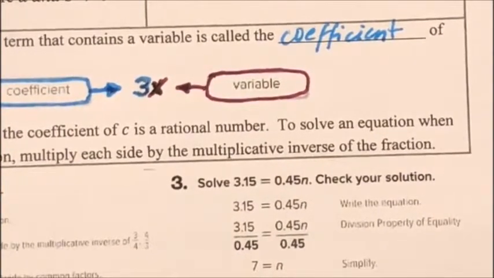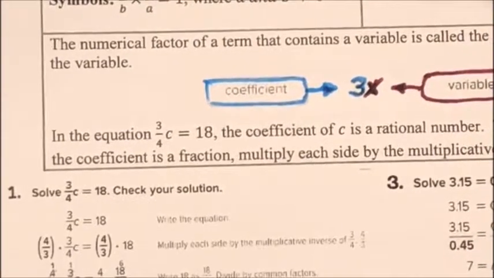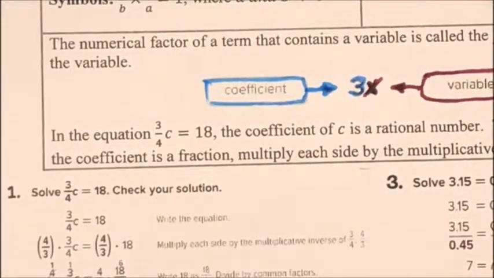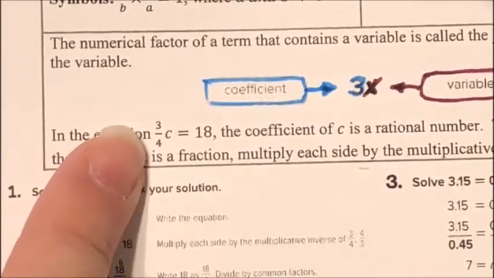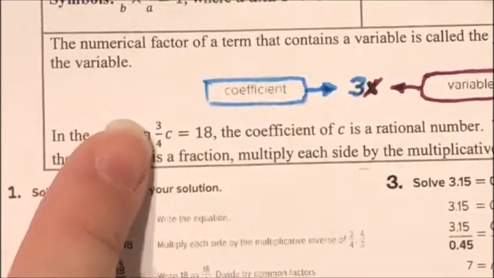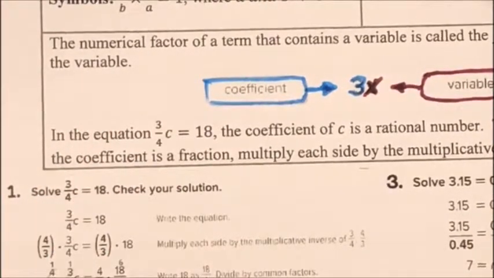So remember, I want to get C by itself. So in order to get C by itself, I want to make 3/4 into 1. In order to do this, I multiply both sides by the reciprocal. So I multiply this by 4/3 and the 18 by 4/3.